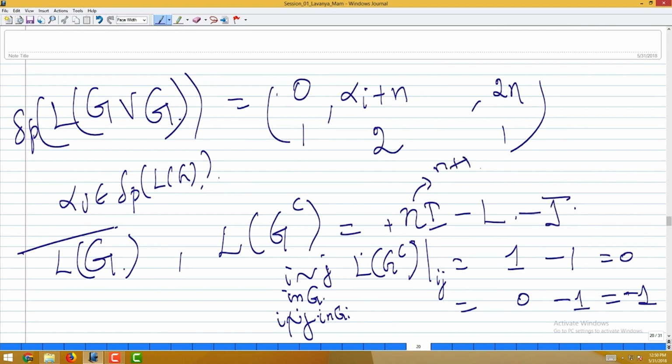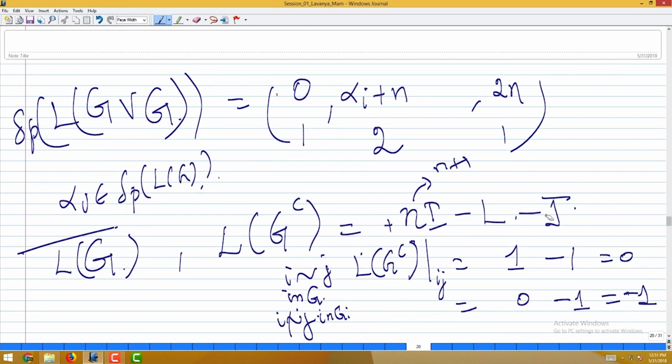Okay, there is now a proposition of n plus 1 times I. Actually, somebody is missing something else here, because once you decide this, your eigenvalue is going to be direct.